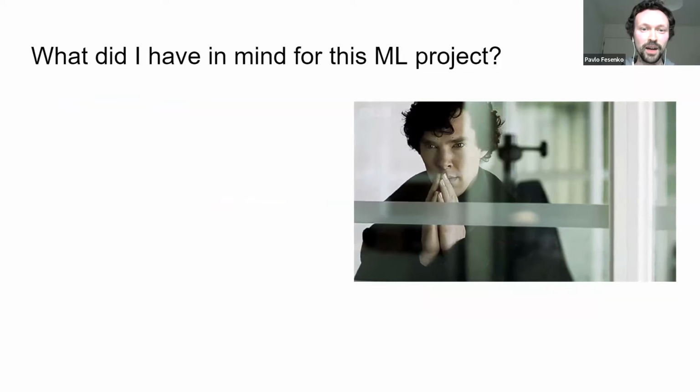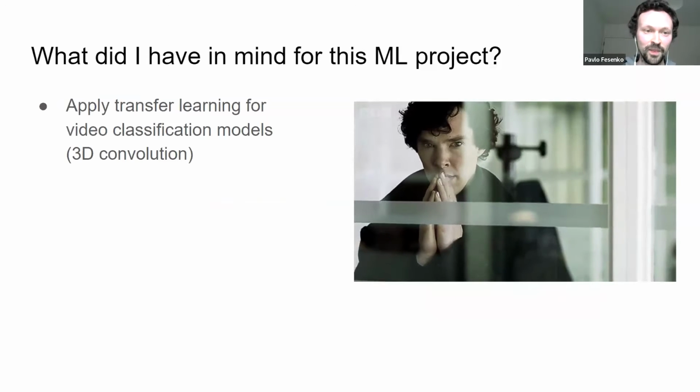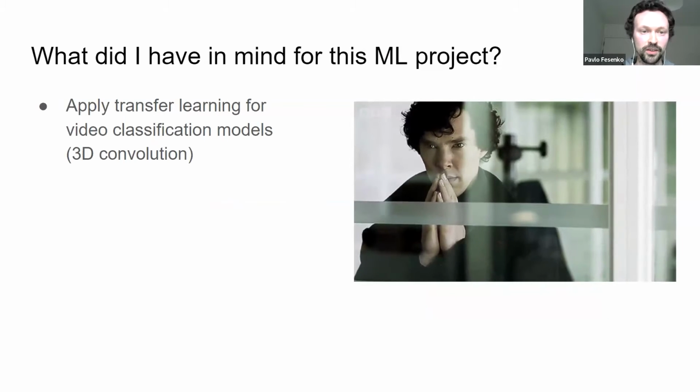So what did I have in mind when I was starting this machine learning project? I wanted to practice some transfer learning, and I was interested in video classification models. Traditional convolutional networks are usually applied in the 2D space, but for videos, we use 3D convolutional neural networks, and I was really interested to work with them.